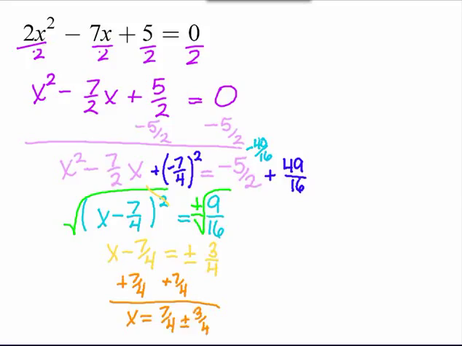So my first answer, 7/4 plus 3/4 is what? 10/4, which I know is 5 halves. My next answer will be 7/4 minus 3/4, which is 4/4, which is 1.